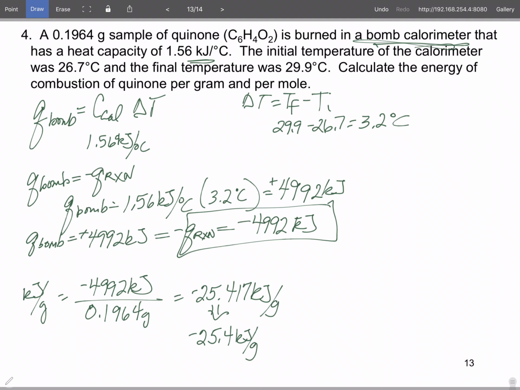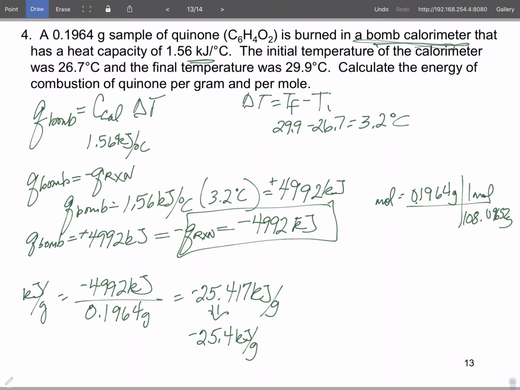All right. Then the question was how many kilojoules per mole? Well, we could actually go back and figure out the moles by starting with our grams, which is 0.1964, and use the molecular weight of this molecule, 108.09652 grams per 1 mole.